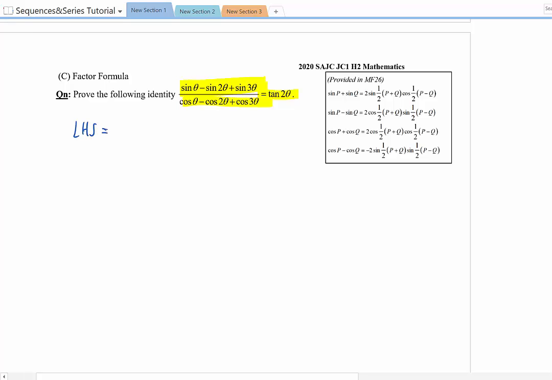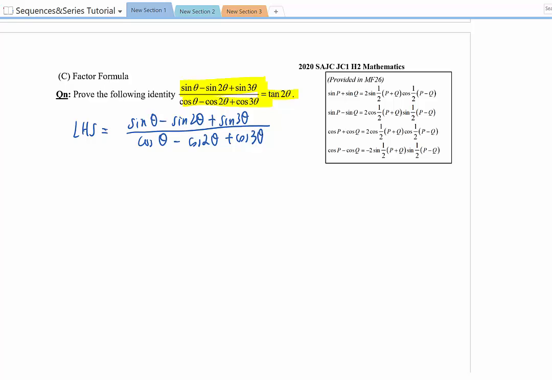So the left-hand side is equal to sine theta minus sine 2 theta plus sine 3 theta, all over cos theta minus cos 2 theta plus cos 3 theta. At this point, how do we proceed?